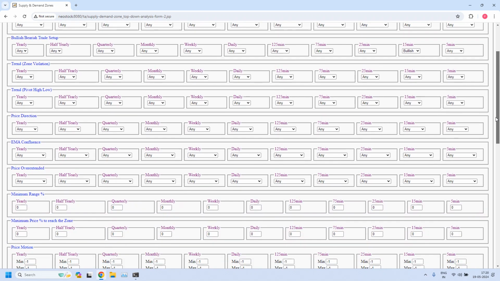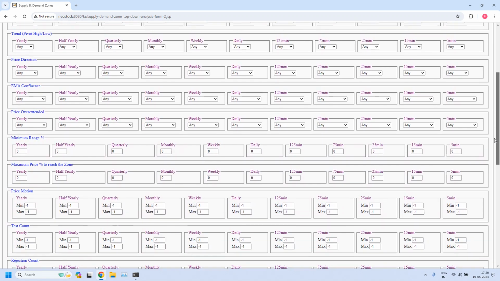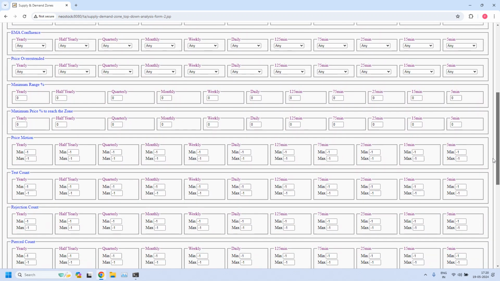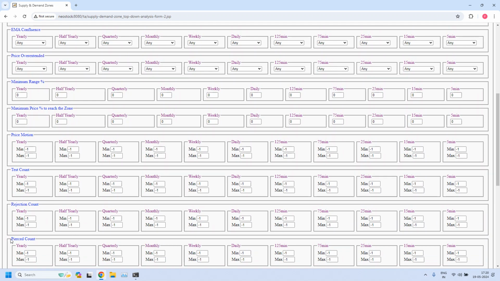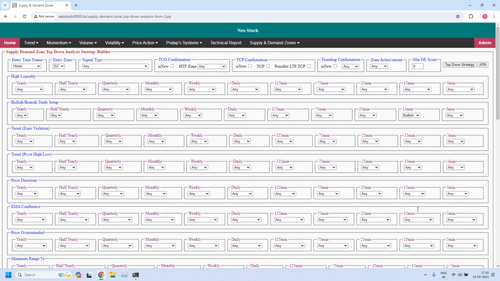There is a parameter called pierced count. Look into the last parameter in this page, pierced count. So what is our entry time frame? 15 minutes. So the entry zone is a demand zone. For the 15 minutes demand zone, we are setting the minimum value 0 and maximum value 0, which indicates the pierced count should be 0. That means the zone is not pierced.